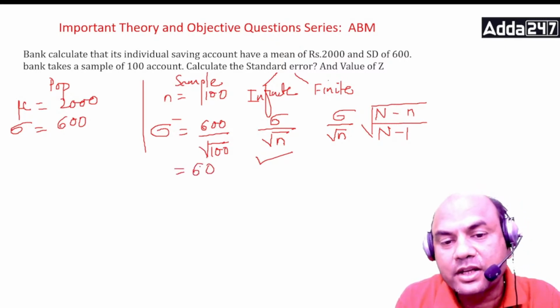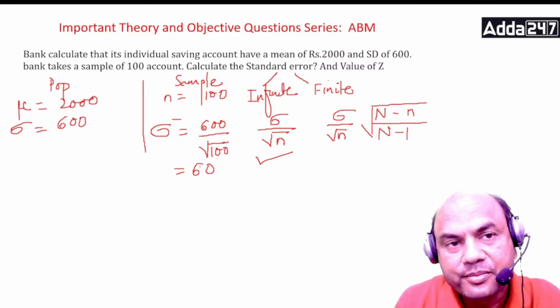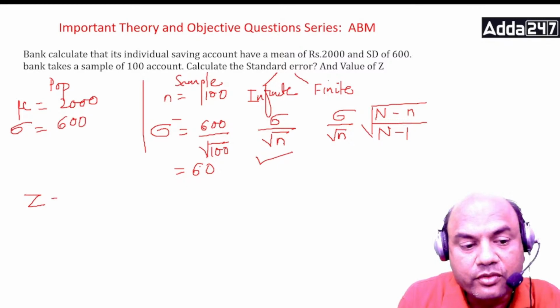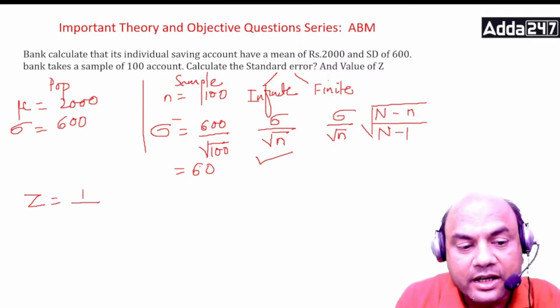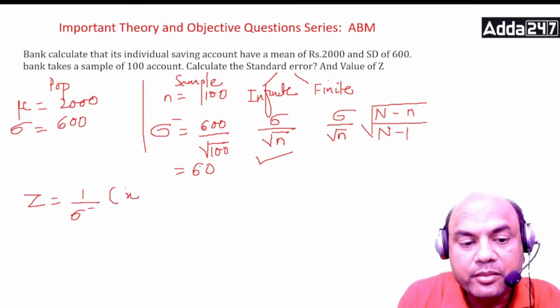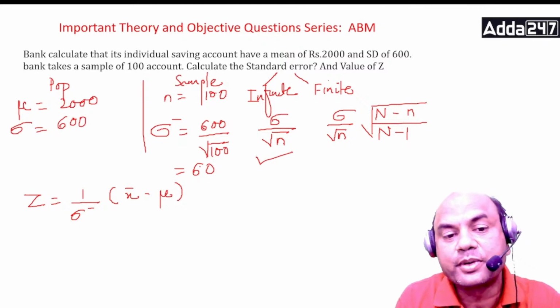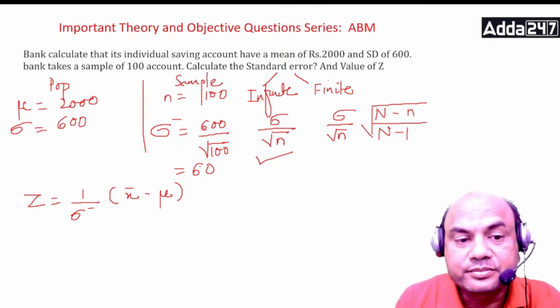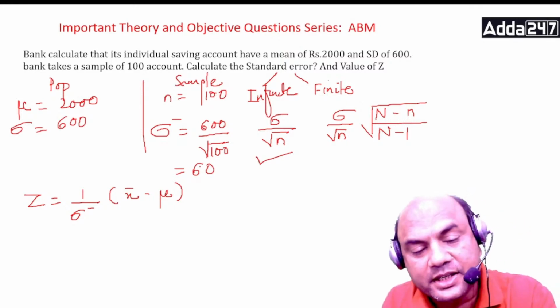So the first answer I have got, the standard error. Now the value of Z. So Z equals 1 upon standard error psi dash into x bar minus mu. Got it? So what is x bar?